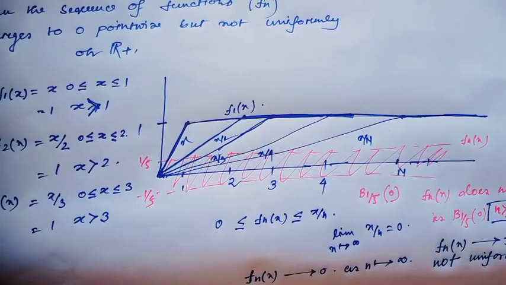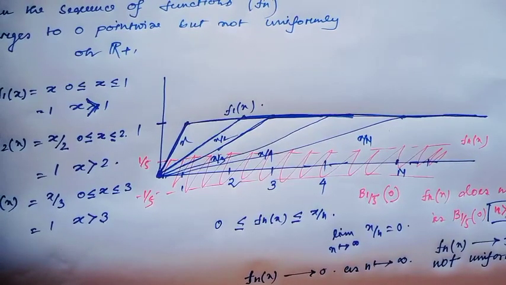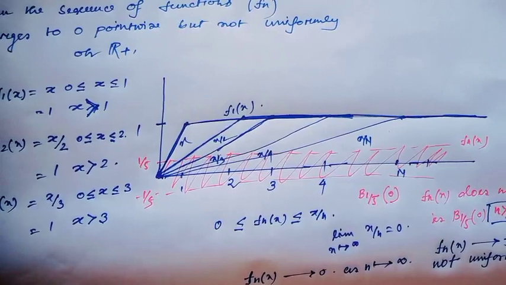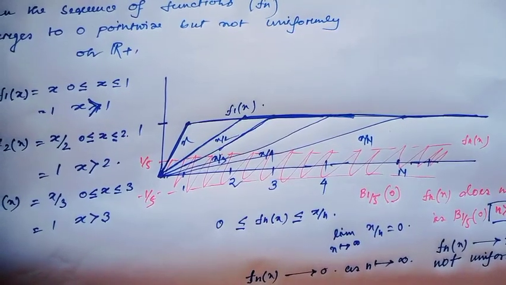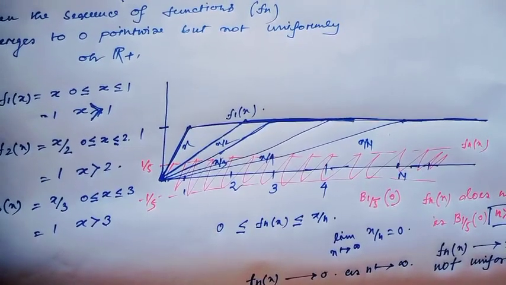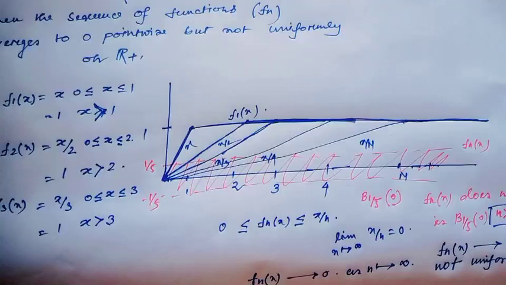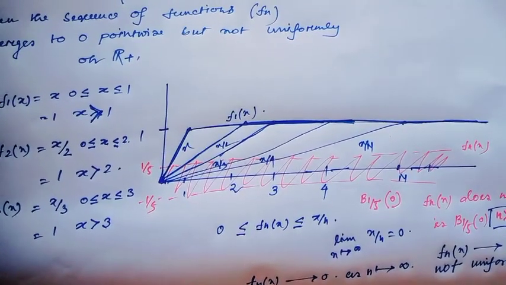We all know the definition of uniform convergence of a sequence of functions. A sequence of functions converges uniformly if this is true for each epsilon: for each epsilon, after some steps, all the functions lie in this neighborhood.